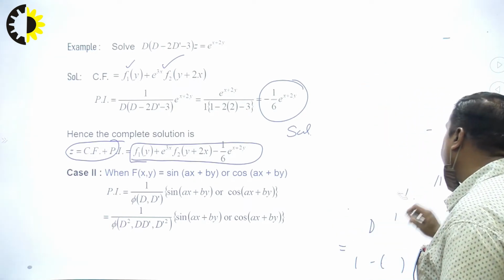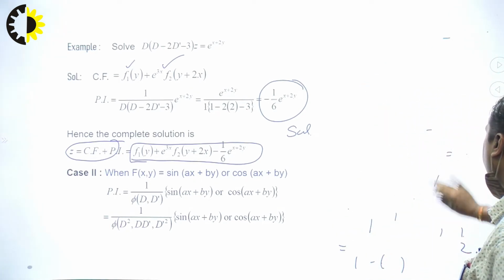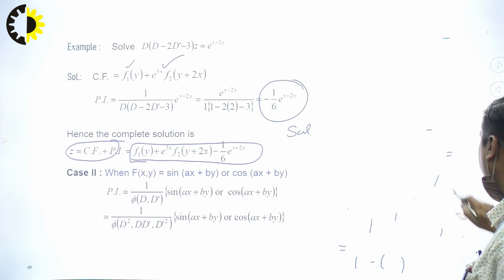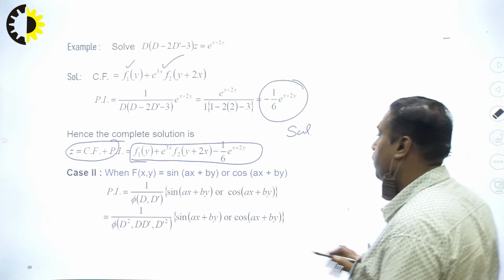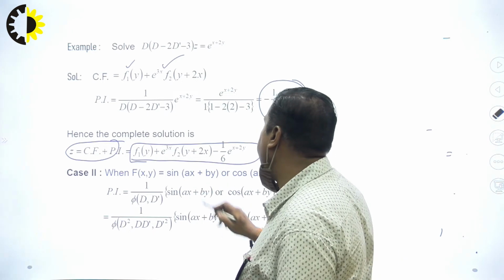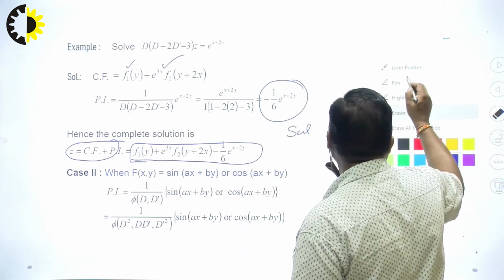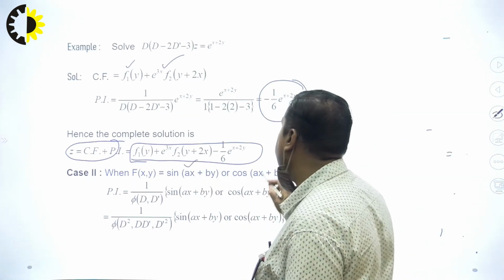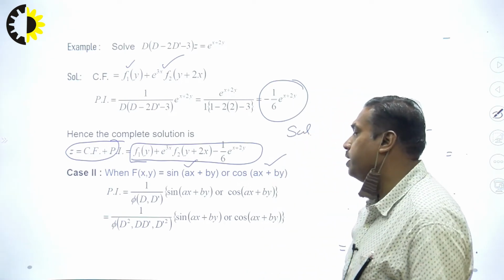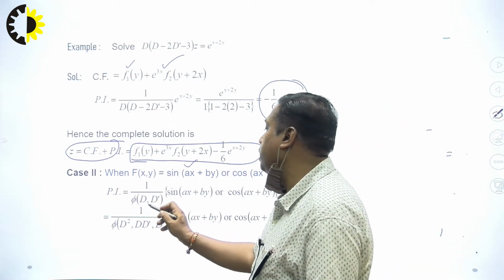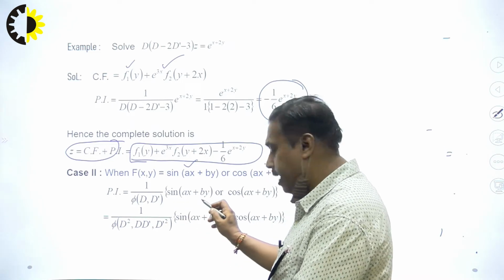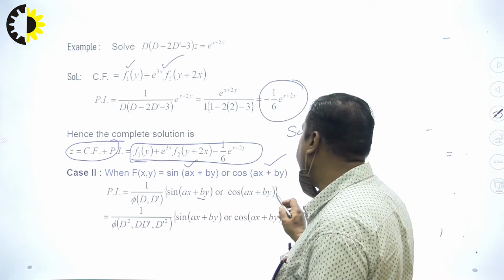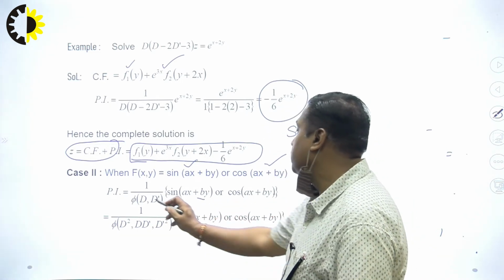How to calculate? So in the second case the function is sin ax plus by or cos ax plus by. So first we have to write in terms of phi D, D dash, sin ax plus by plus cos ax plus by. Here the function is phi D, D dash.